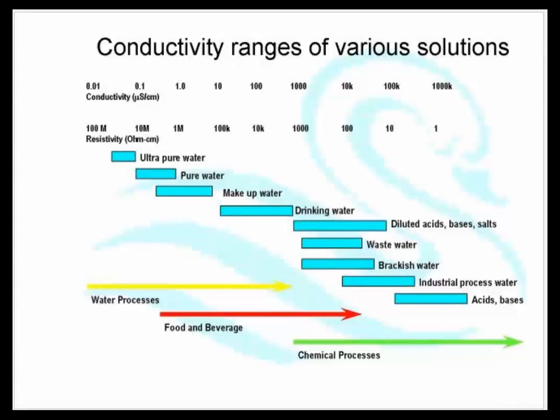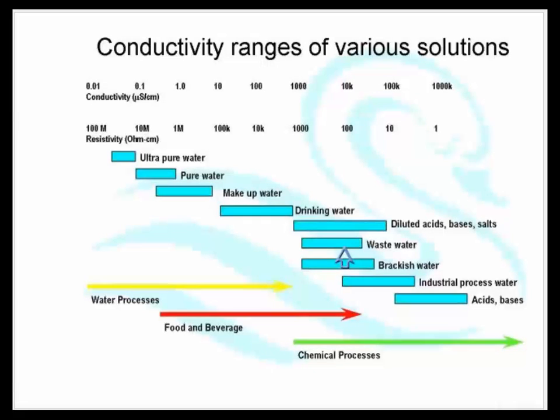Because if we go down the scale, ultra pure water, very, very low conductivity, very high resistance or resistivity. Pure water, which is stuff we might want to drink, that's got a resistivity of about 10 megohm centimeters, or conductivity of 0.01 microsiemens.